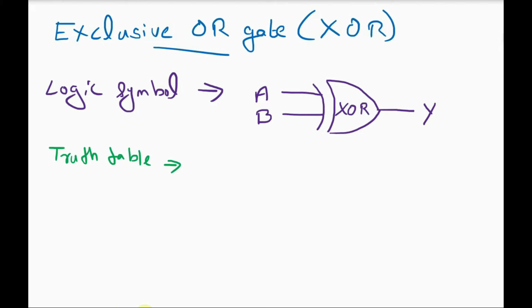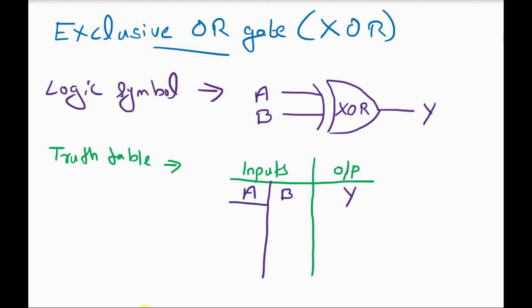We have inputs and output. While considering input, we have 2 inputs A, B, and the output is Y. Different combinations of input are 0, 0, 0, 1, 1, 0, and 1, 1.